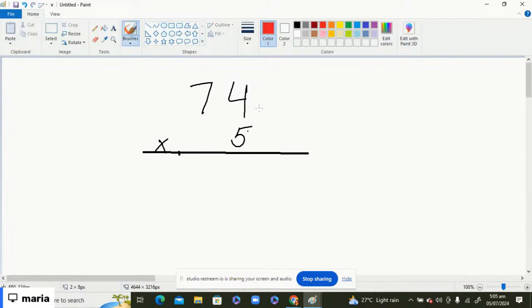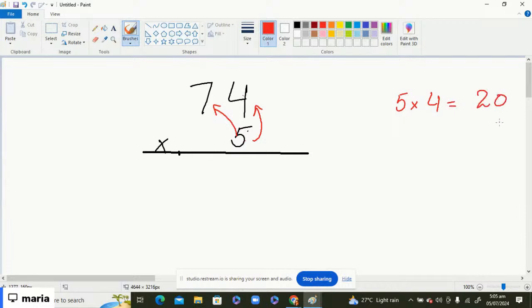You always start from the right side: multiply the 5 first with that digit, then move to the next digit. First we multiply 5 times 4. What's the answer? 5 times 4 is 20.